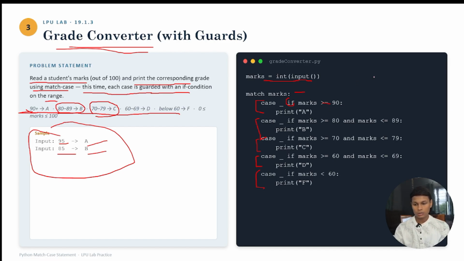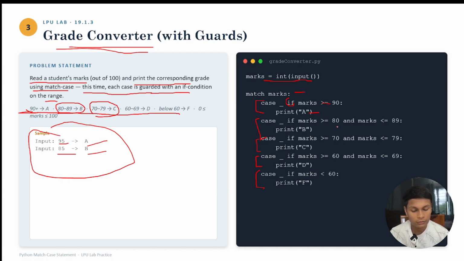You know that your school and your college have grade criteria, like if a student has greater than 80, then this grade will be given, if greater than this, then that grade will be given. Every school, college and university has this. So you can simply see here that we are printing A if greater than or equal to 90.